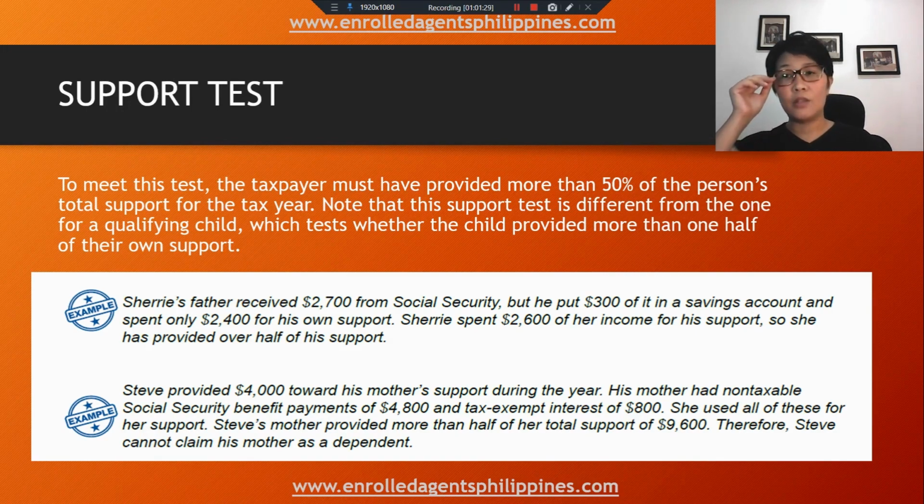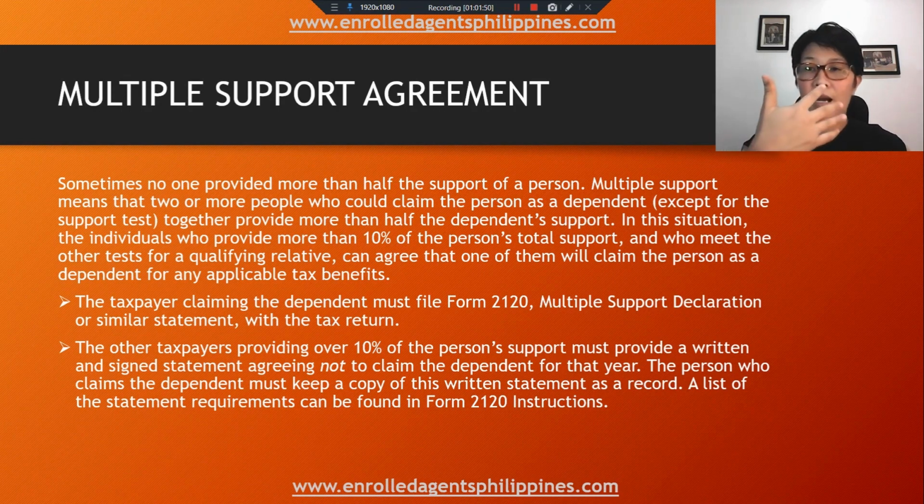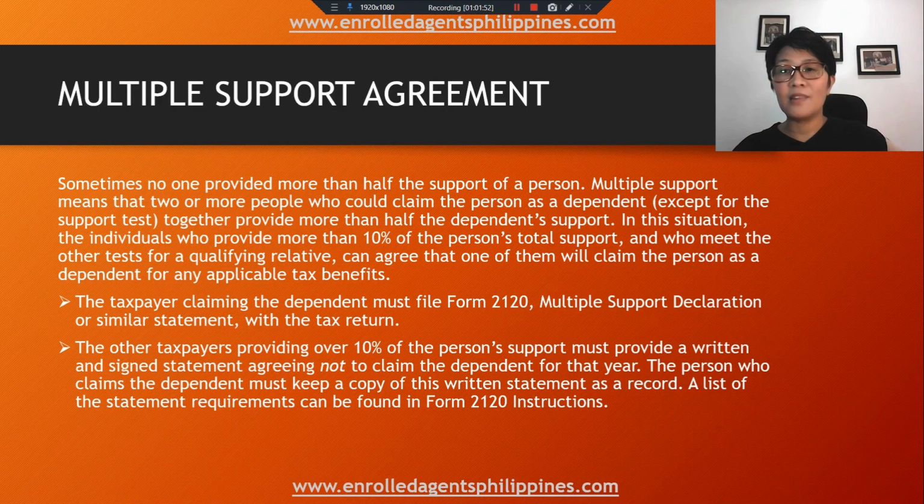So, guys, critical ito para malaman mo kung qualifying relative siya or hindi. Meron din, again, you can go back dun sa worksheet. At kasama yan sa real scenario, madedetermine mo yan sa pagtatanong, may mga probing questions sa pagkausap mo dun sa client. Para ma-establish mo, pwede ba siyang mag-qualify as qualifying relative.